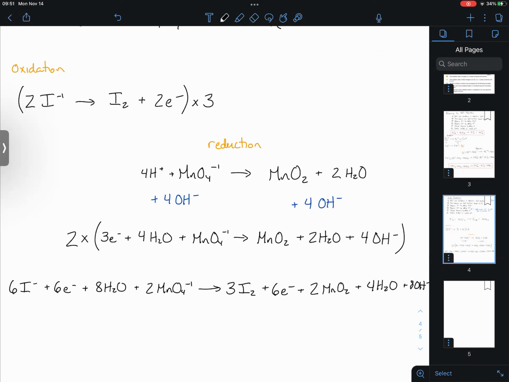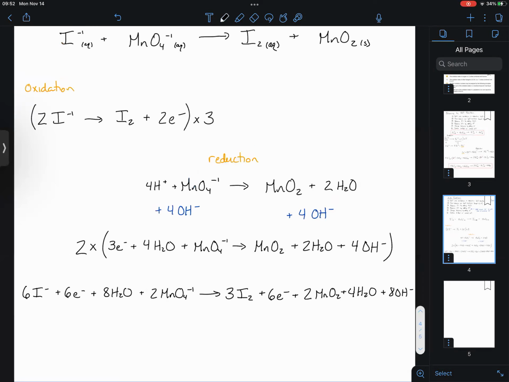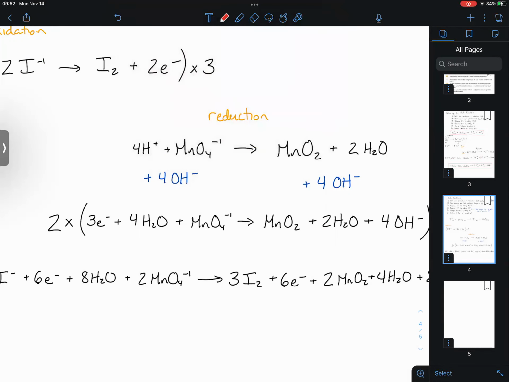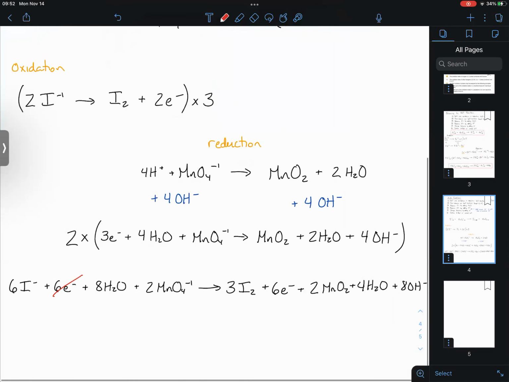Oh, running out of room. All right, so then going through and canceling everything that's on both sides, this will cancel out my electrons, thank goodness, because that was my whole point.